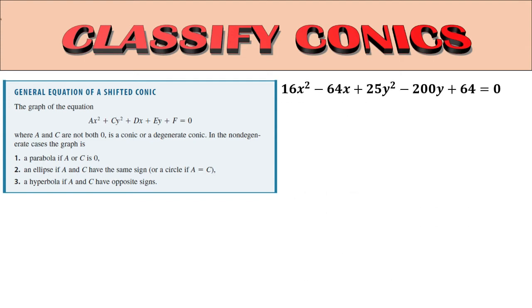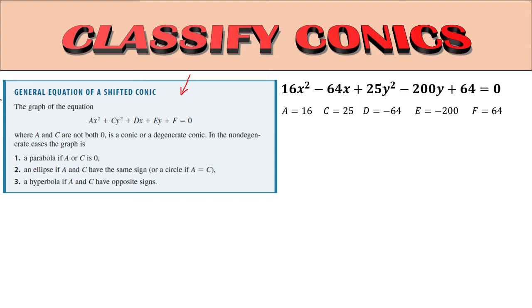Example number 1: 16x squared minus 64x plus 25y squared minus 100y plus 64 equals 0. You see, this is a conic in general form. To find A, C, D, E, and F: A is the coefficient of x squared.